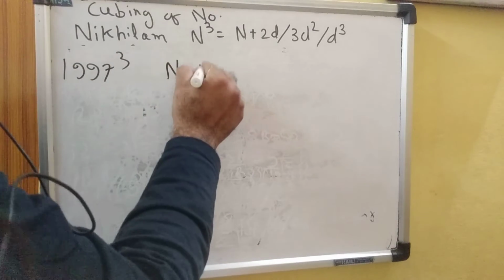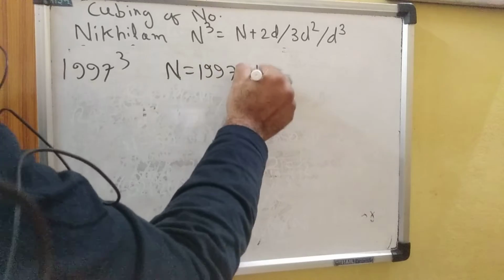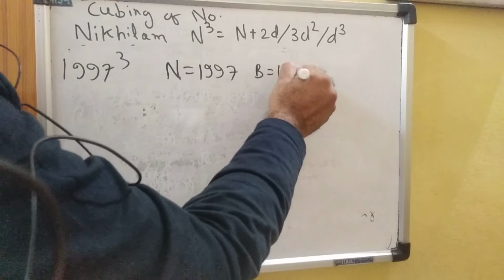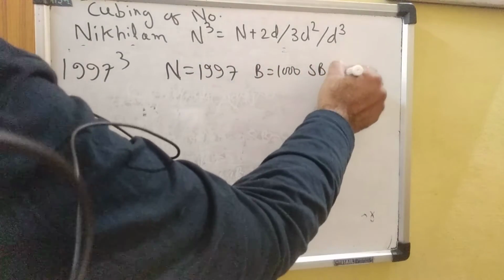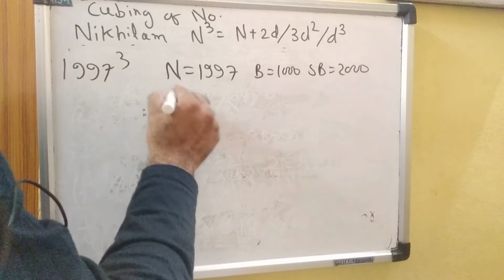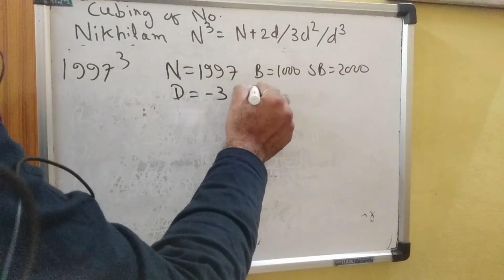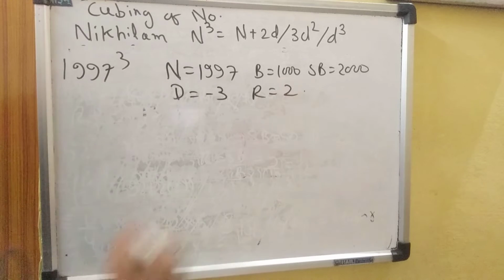Remember, for 1997, base is 1000 and sub-base is 2000, and deficiency or deviation is -3 and ratio is 2 here. Sub-base upon base, 2000 upon 1000, is 2.